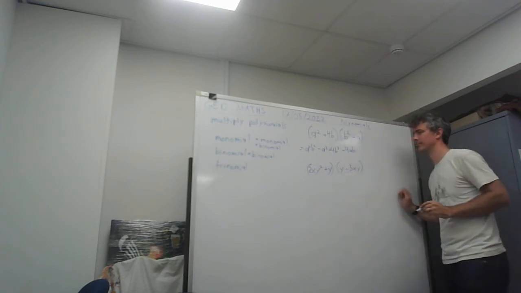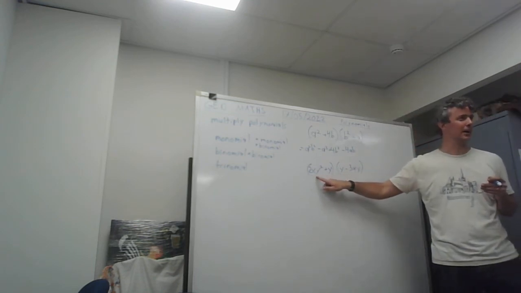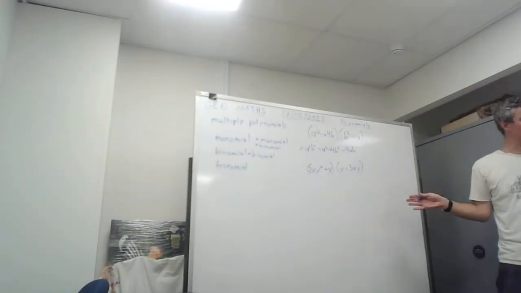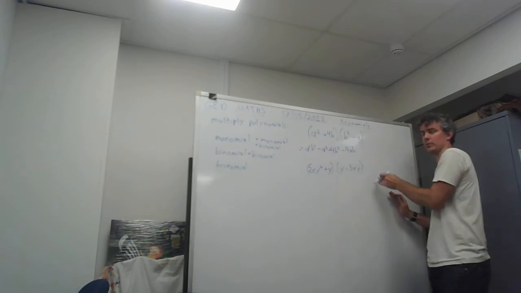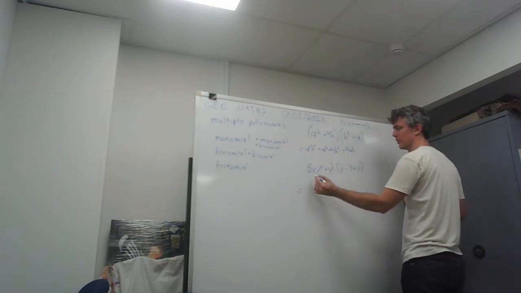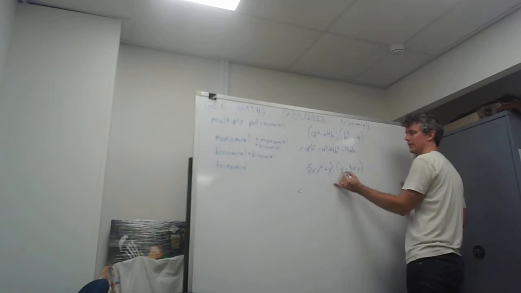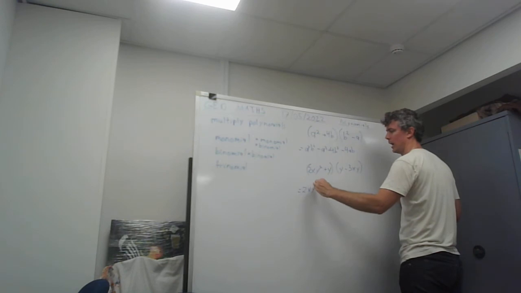Now I have multiple variables in my terms, but it's the exact same principle. You just do this one times each one and this one times each one. So this equals 2xy squared times y, 2xy cubed.